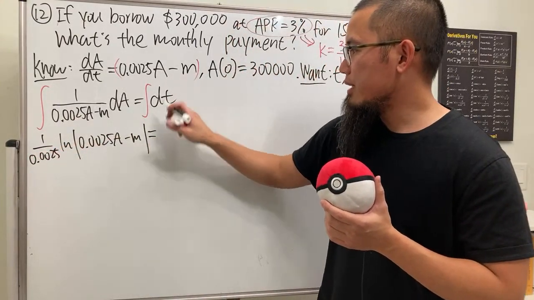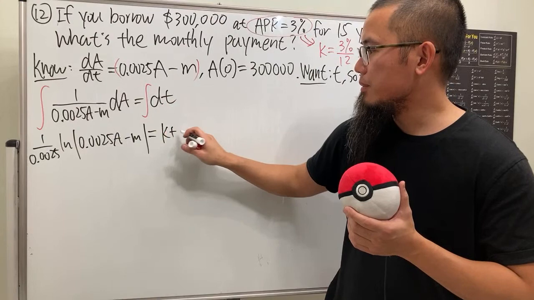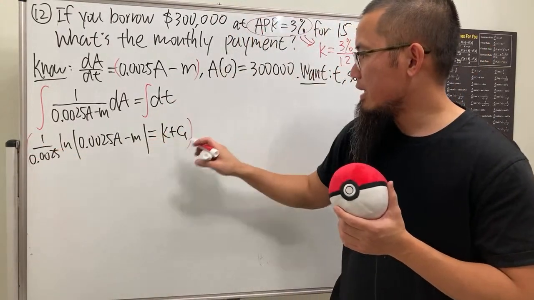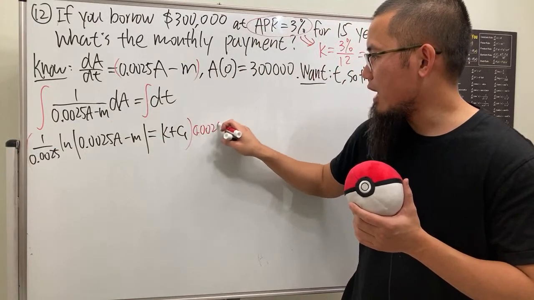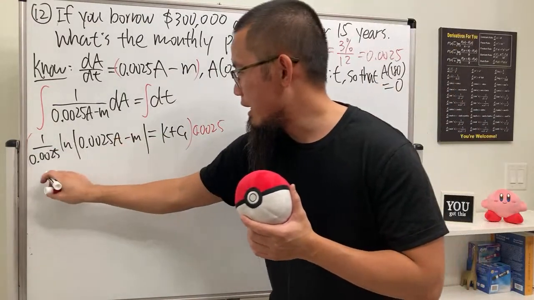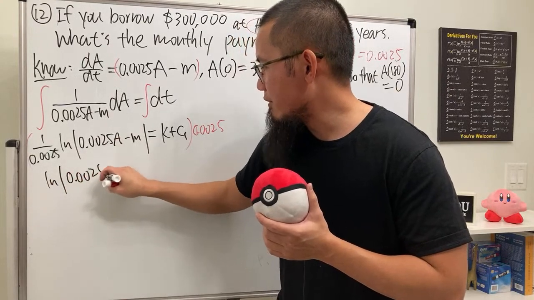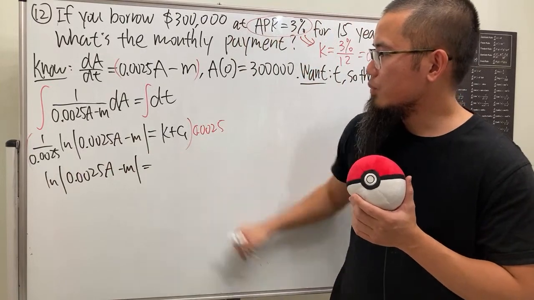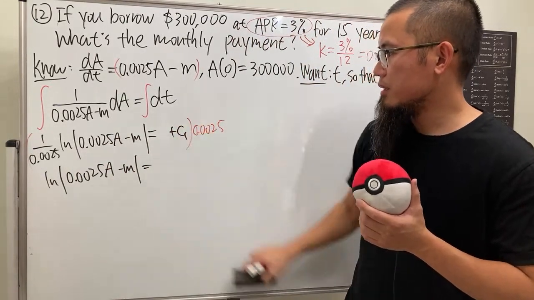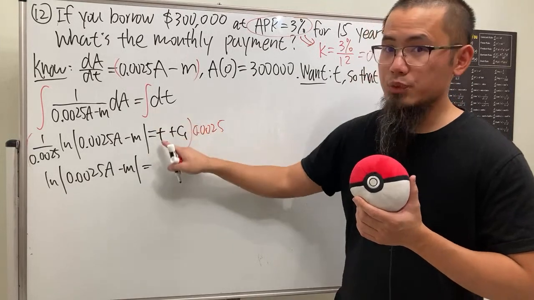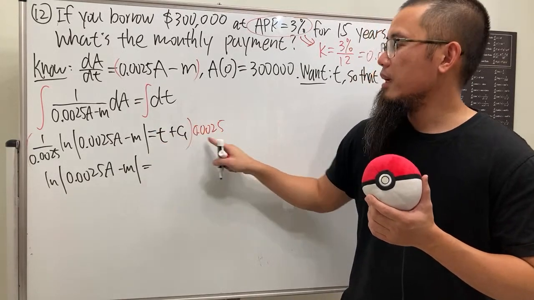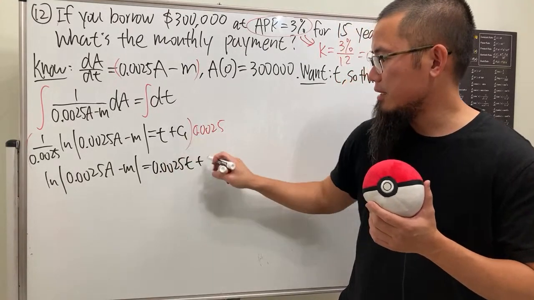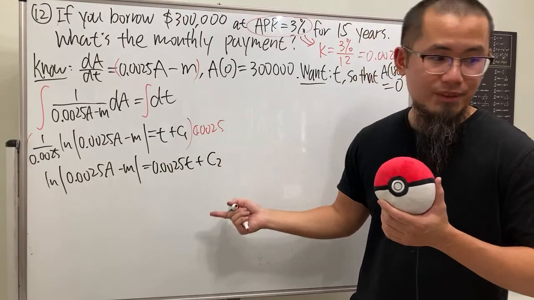On the right-hand side, we get the integral of that, which is just, wait, it's not K, it should be t, sorry. So integrating this, we get t plus C1. Let's multiply everybody by that decimal, 0.0025. So that cancels, and we just get ln absolute value 0.0025 A minus M. This times that, we get 0.0025 t, and then plus, this times that is just C2, another constant, right?